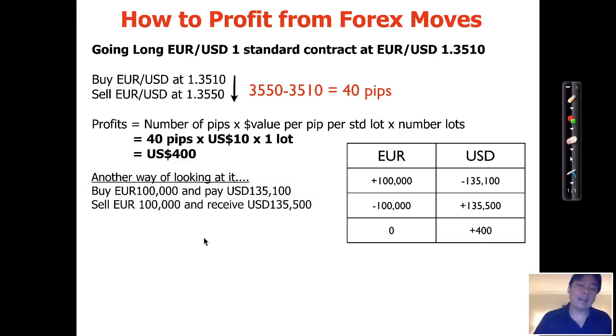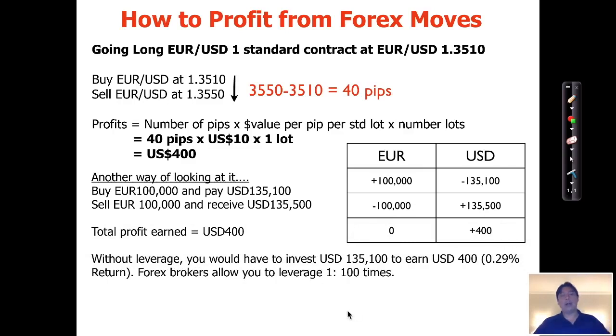Then I sell 100,000 euros over here and receive $135,500, as you can see. So the profit earned is this and this. This plus this minus this is $400.